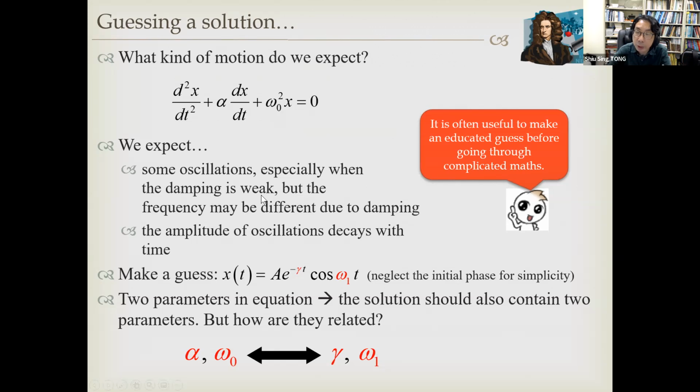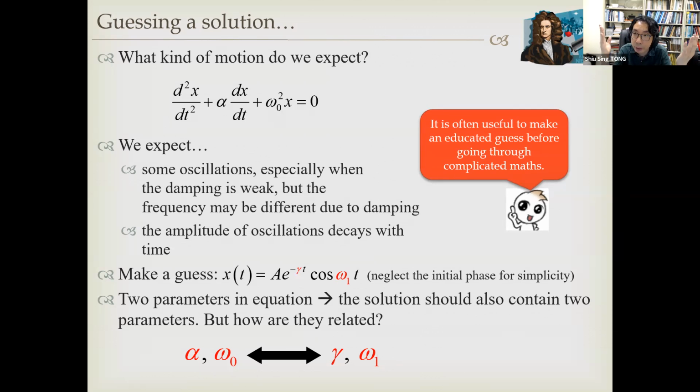So there will be oscillation superposed on a decay in amplitude. You will find oscillation, but the oscillation will be smaller and smaller in amplitude as time goes on, and eventually comes to a stop. That is what we expect for small damping. For small damping, we call it weak or light damping.